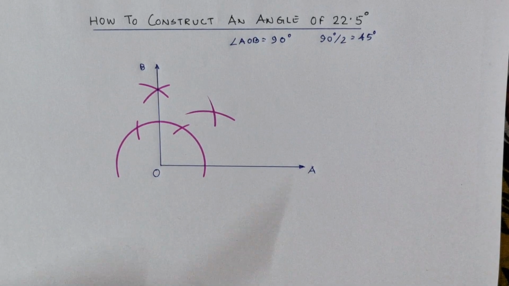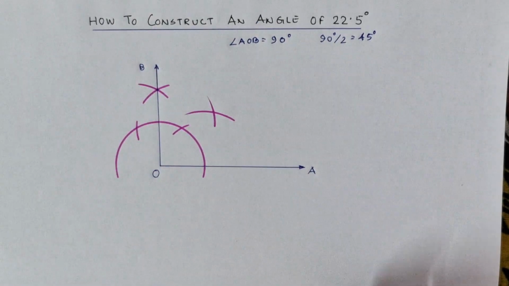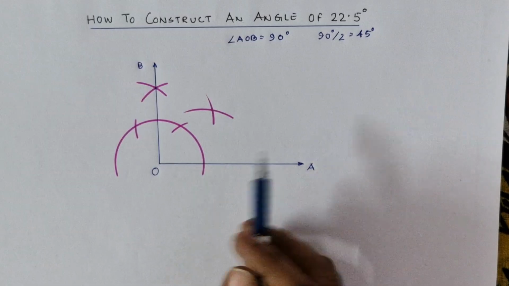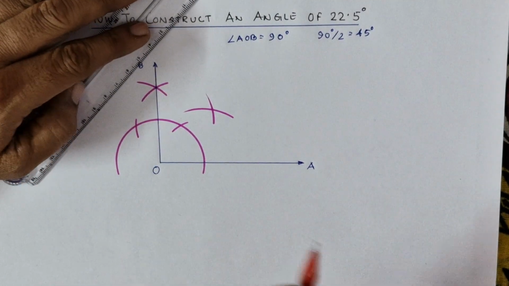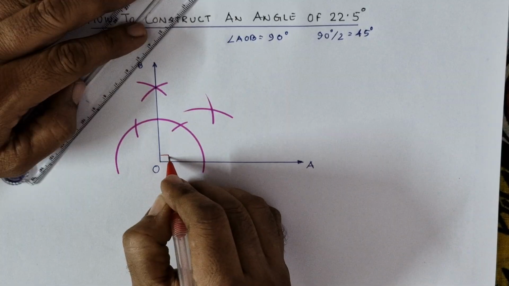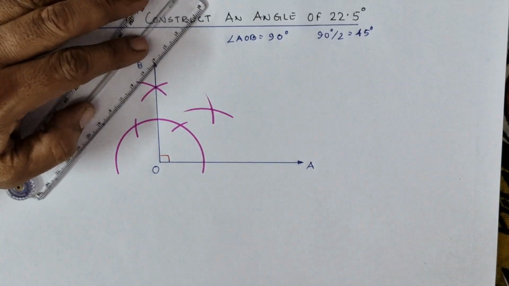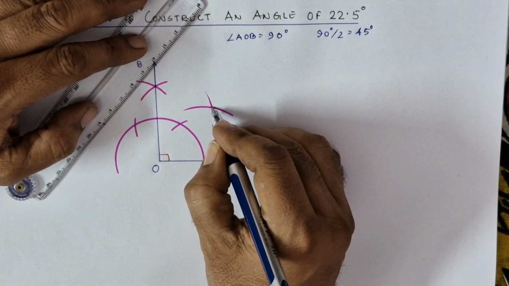This is very simple. This is known as angle bisection, and you have bisected 90 degrees. So let's mark it as 90, and you have just bisected 90 to get 45.